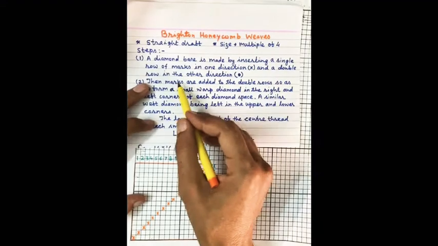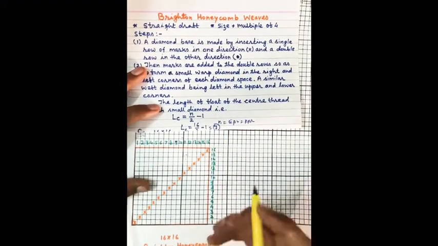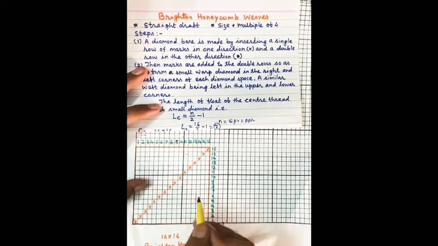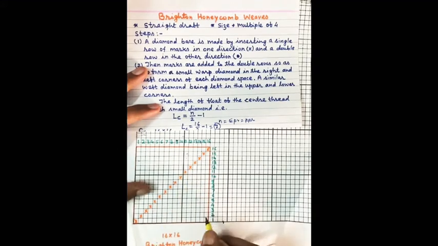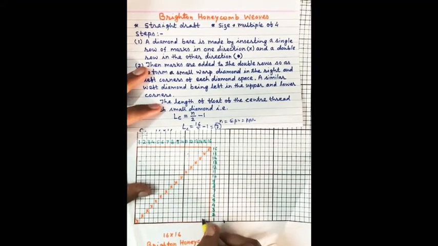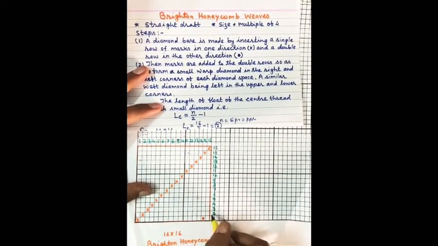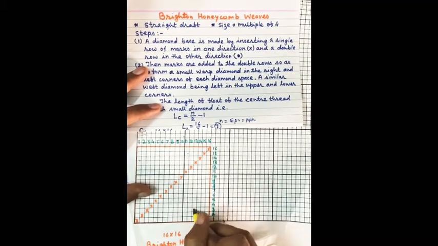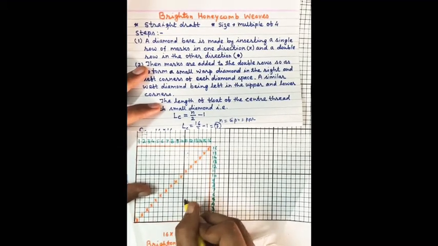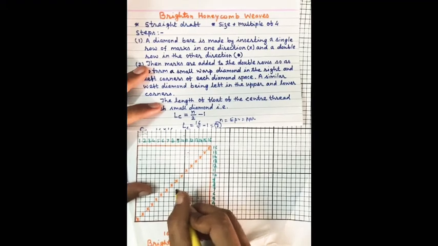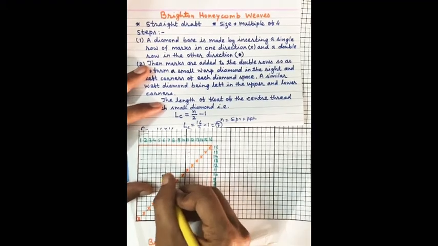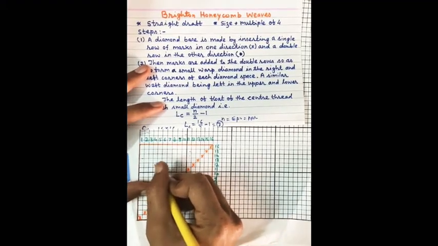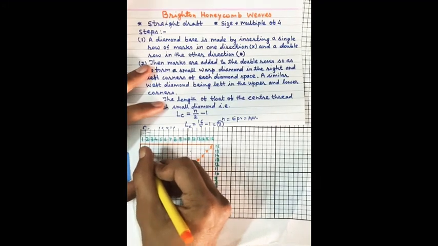Then a double row in the other direction indicated by small circles. Just to distinguish from this line, where we have taken crosses, here we are taking small circles. Like this, from this corner to this corner.